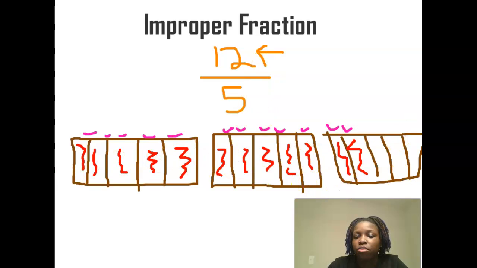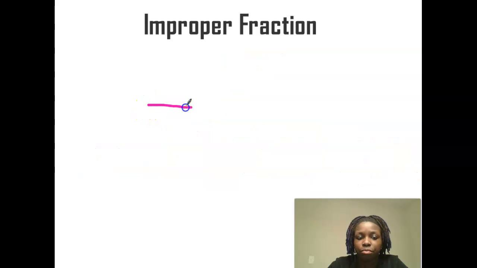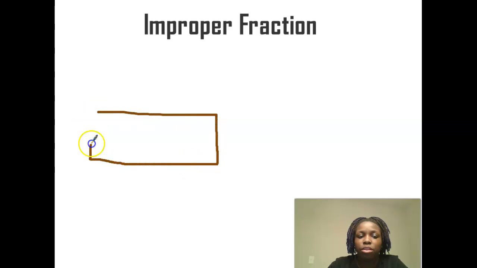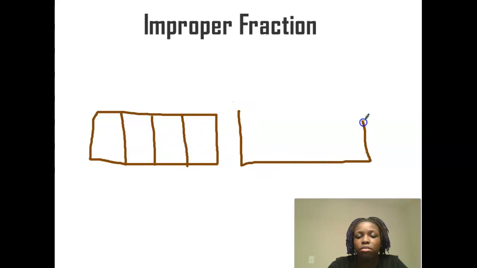All right. So let's look at this picture. I'm going to draw an improper fraction, and we're going to decide what the improper fraction is based on what I just drew out. So we already can see how many parts there are. So we already can see what my denominator is, right?